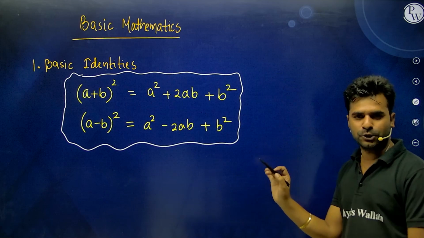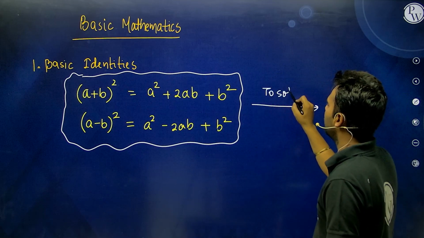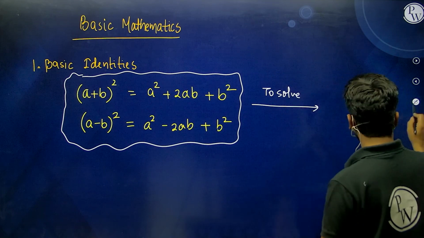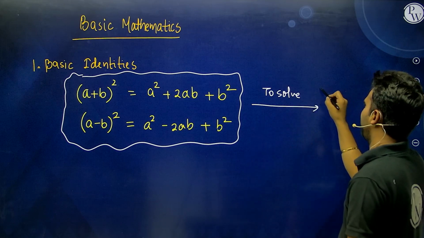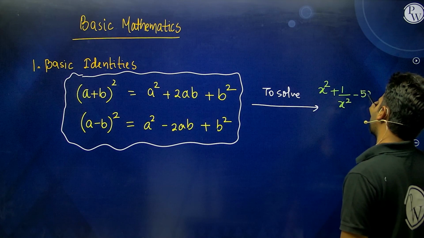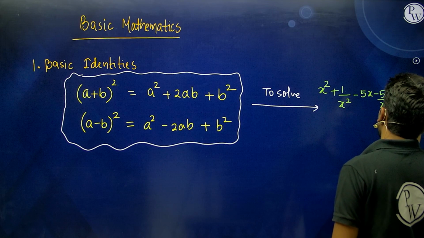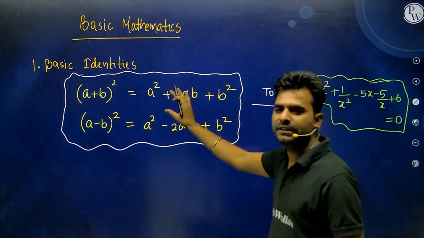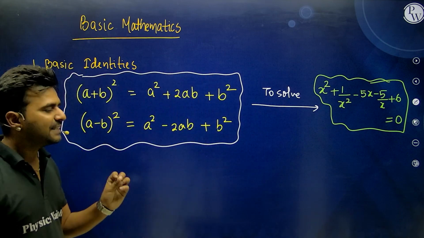Now with the help of these two things, what are we going to do? With the help of these two things, we are going to solve some complex looking equations like this. You can solve equations like this with the help of these two identities, and that too in a very, very easy way.